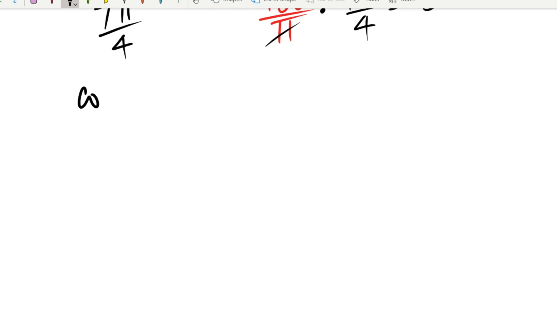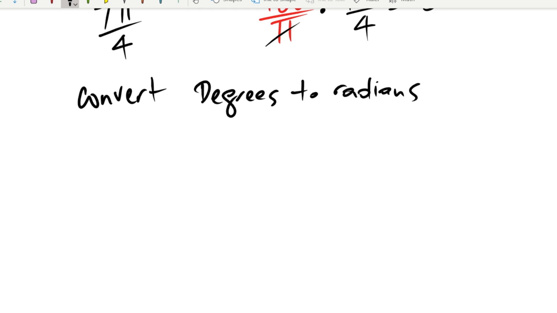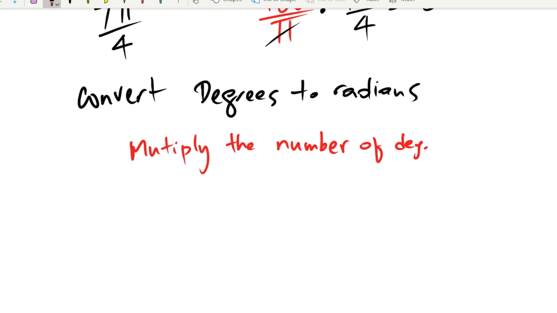If I want to convert degrees to radians, I would simply multiply the number of degrees by pi divided by 180.